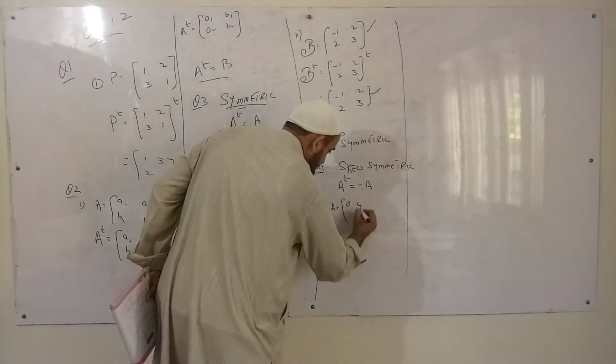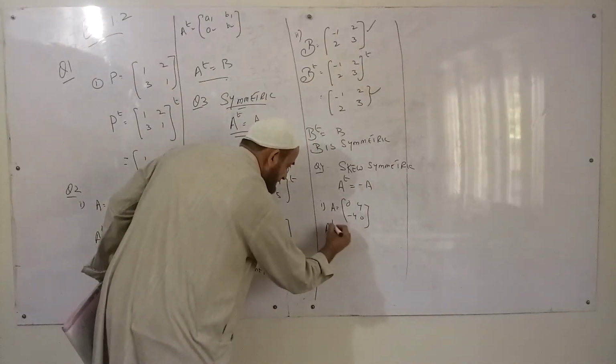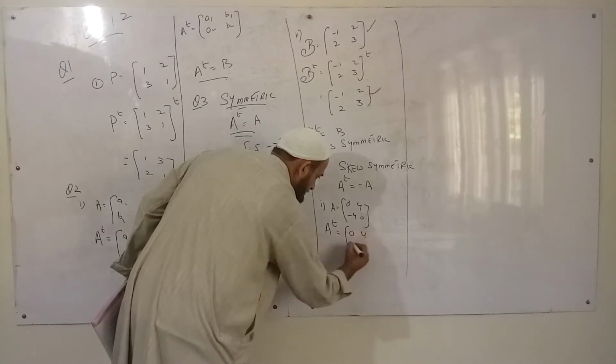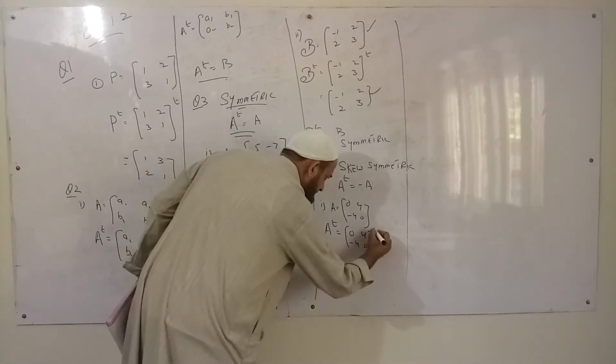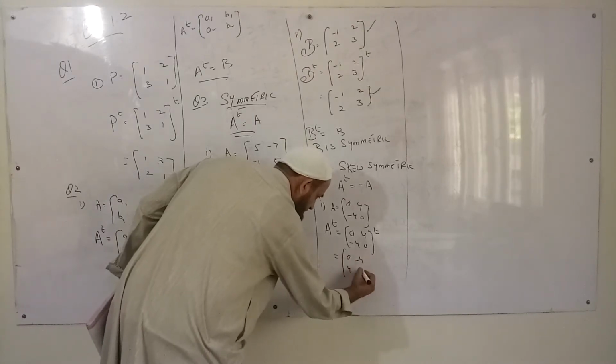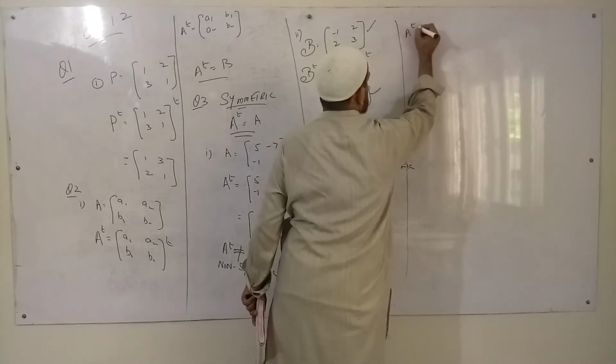0, 4, minus 4 and 0. Now, we take their transpose. A transpose. 0, 4, minus 4 and 0. Their transpose, we get 0, 4, minus 4 and 0. Now we take the minus common.